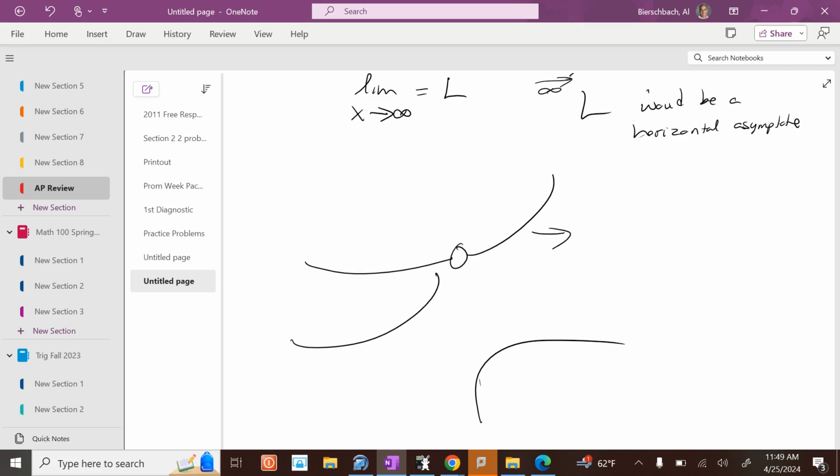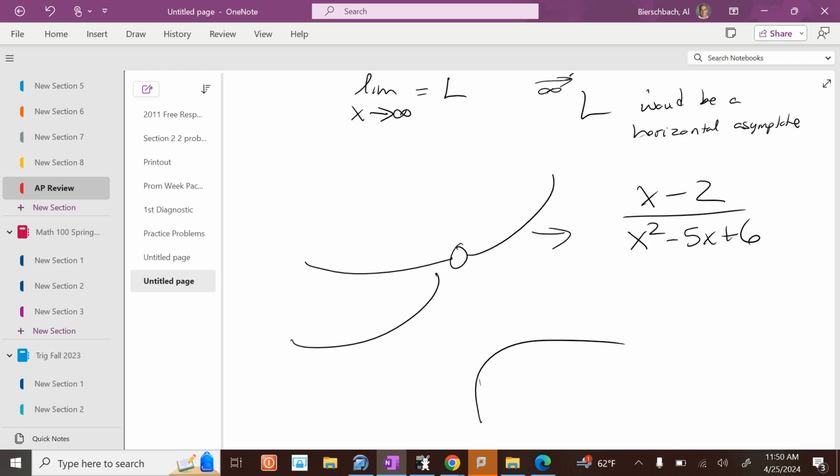Well, a hole happens when we have something like this. When we have x minus 2 over x squared minus 5x plus 6. Okay? This is going to produce a hole someplace.